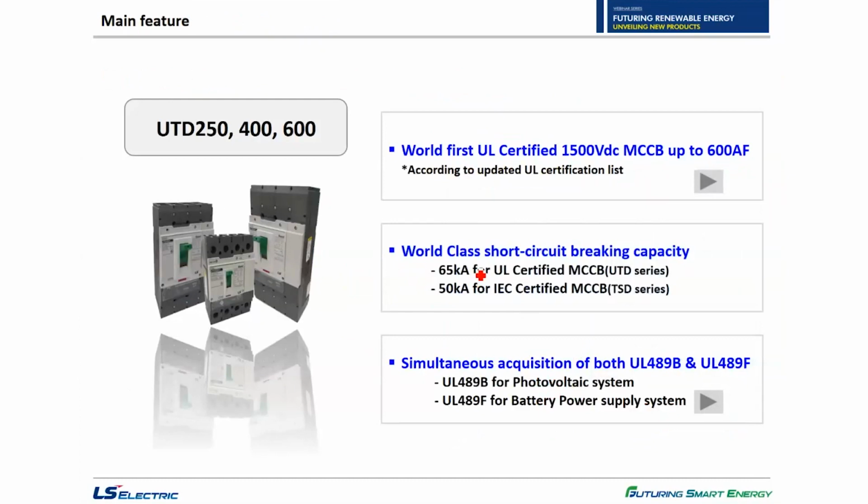Let's move on to our main features. Here, I would like to emphasize those main features of our 1500 DC volts UL MCCB. First of all, it is world first UL certified DC MCCB up to 600 ampere frame at 1500 DC volts, which can meet mandatory requirements from American PV and ESS customers, which is second biggest in global market.